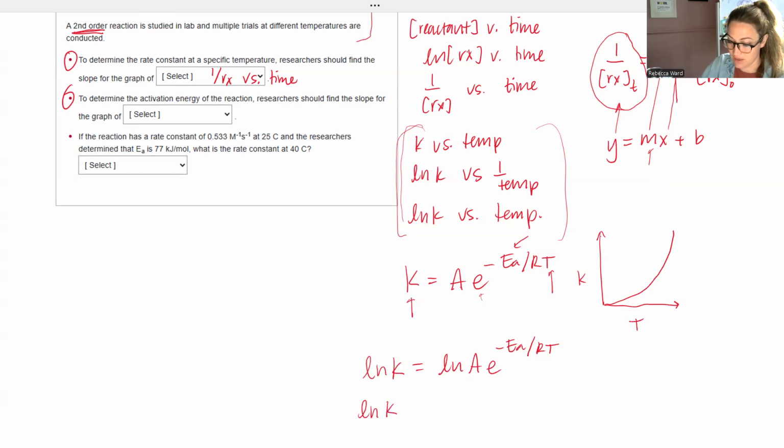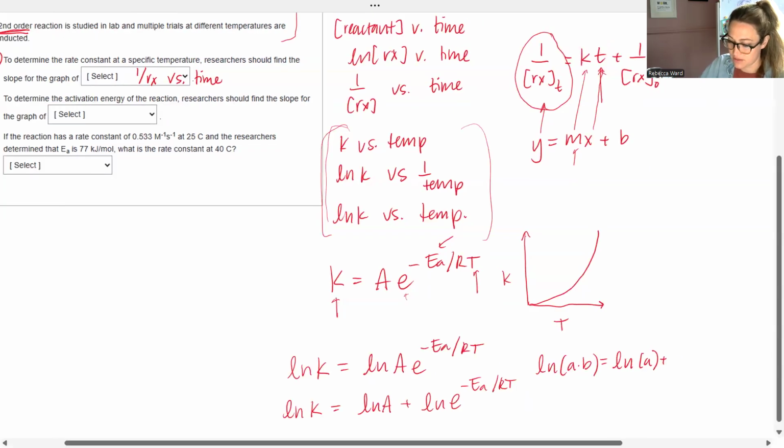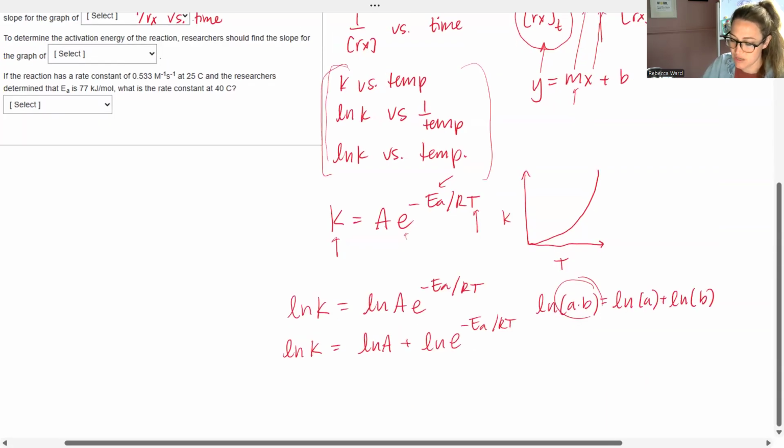So I have ln of k equals ln of A plus the natural log of e to the negative Ea divided by RT. What I've done from this step to that step is use my log rule, that the natural log of a times b is equal to ln of a plus ln of b. That just allows me to split this product into two terms.